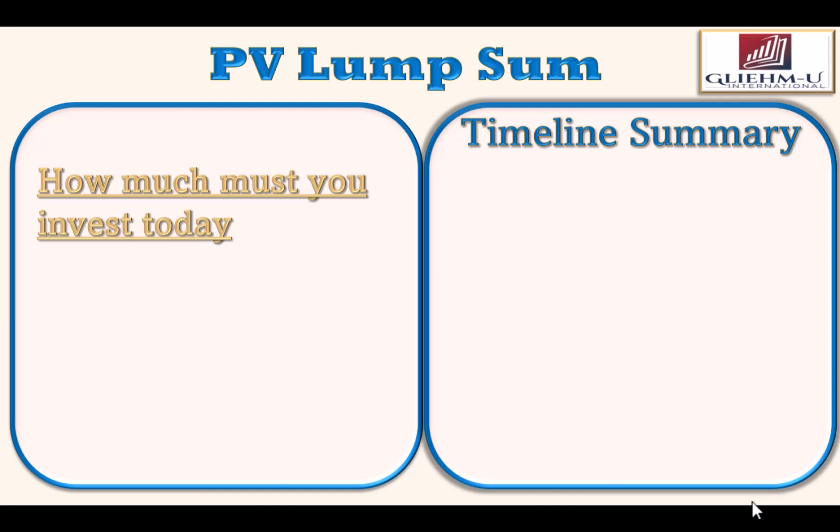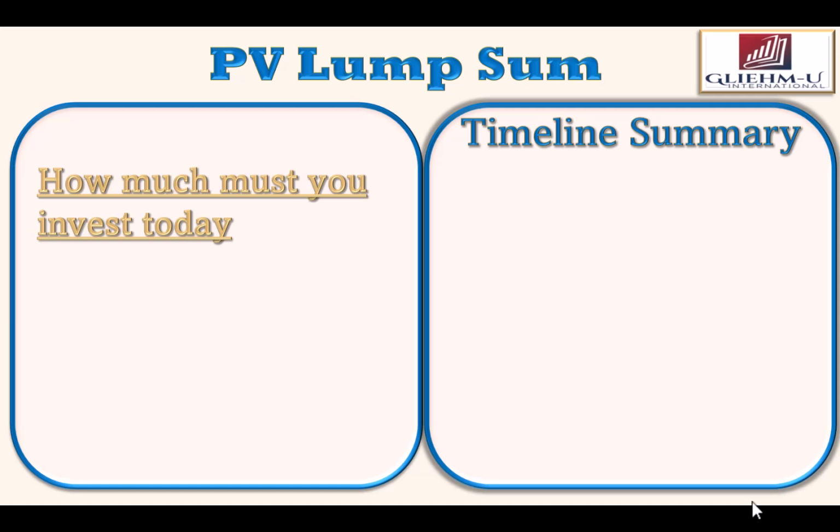How much must you invest today? I underlined that phrase because it is telling us what we need to do. That tells us that we don't know today's value. Today's value is unknown, so it is asking us to compute today's value. It's literally saying, what is the present value?